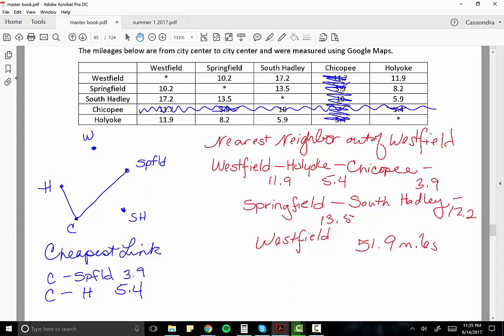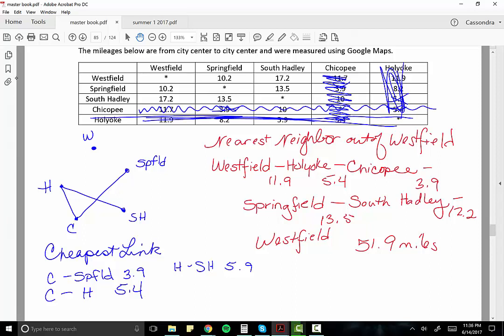Next cheapest, 5.9, Holyoke to South Hadley. I can do that. Cool. Holyoke to South Hadley for 5.9. Cross that out. I'm done with all of Holyoke. We good.